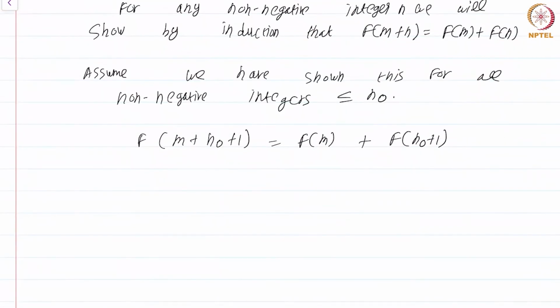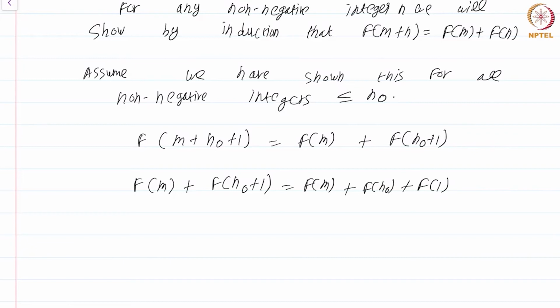But observe that the right hand side, f of m plus f of n naught plus 1, is actually f of m plus f of n naught plus f of 1. Why is this true?